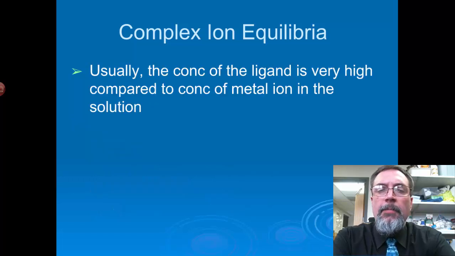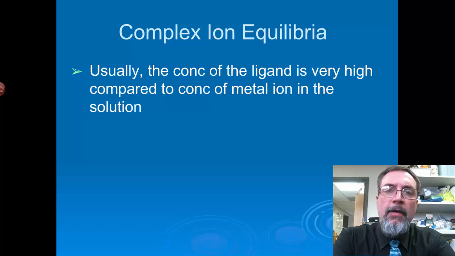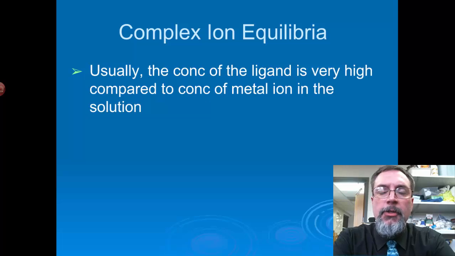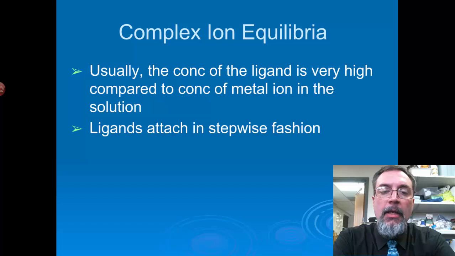So, in order to make a complex ion, you have to have pretty high concentration of ligand compared to the concentration of the metals. You have to have a lot of ligand molecules to occupy all the positions, all the spaces around the metal ion. So you got to have a pretty high concentration there.